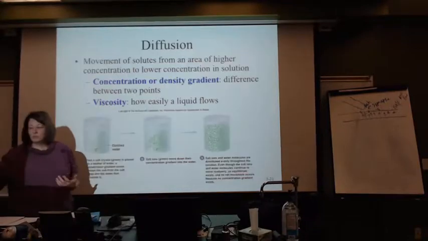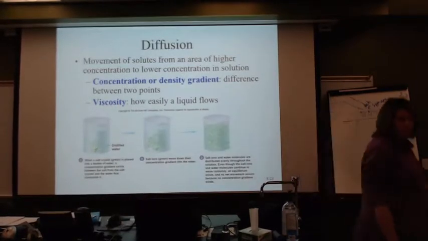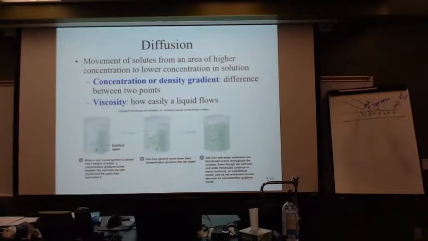Each cell of the body has a specific job. Sometimes those cells need to get materials quicker than other cells, so we have movement that can occur in a faster way. But sometimes we need that movement to be at equilibrium.